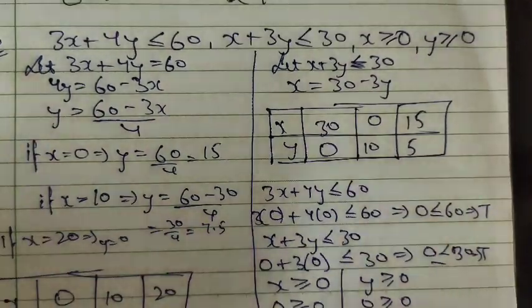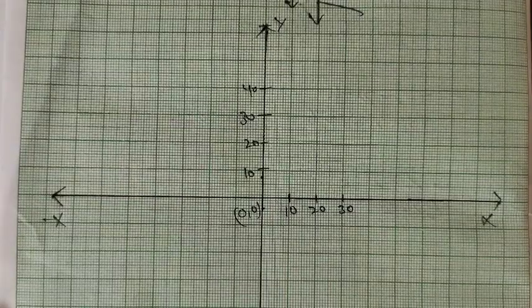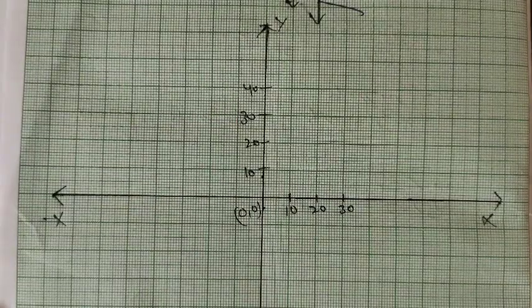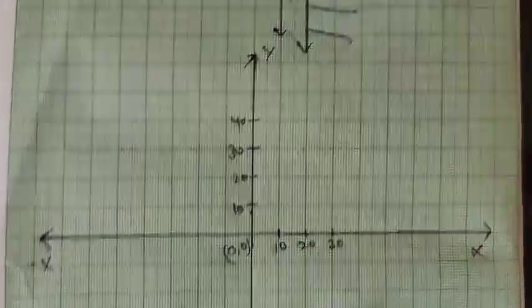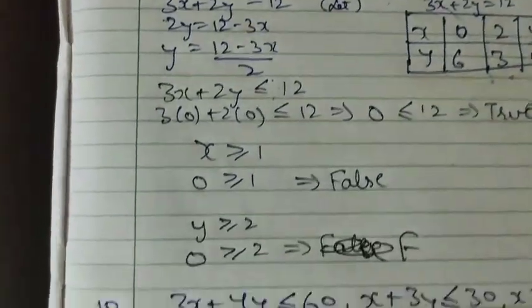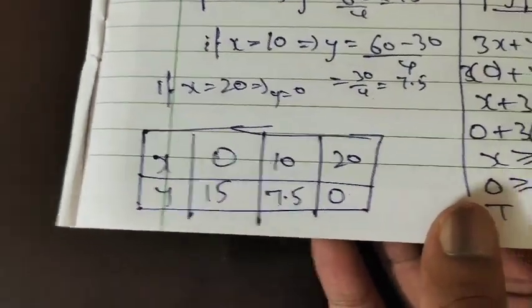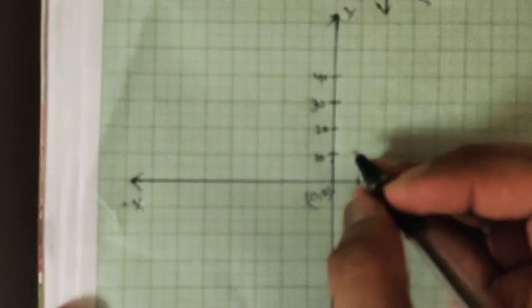Right, now let's plot the graph. So this is the scale we have taken. 1 centimeter is equal to 10 units on both the axes. So the coordinates are 0, 15 and 10, 7.5. So 0, 15 is which point?